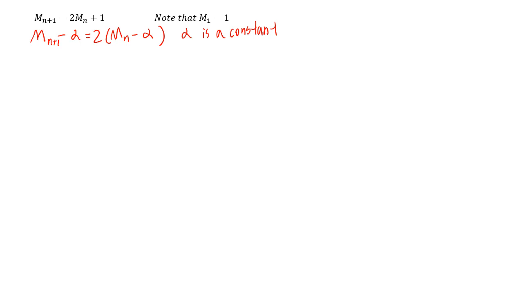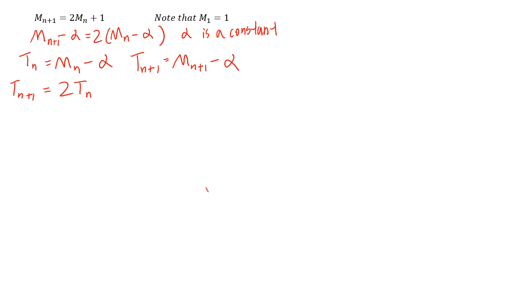This step may seem random, but now we can let Tn equal Mn minus alpha. Similarly, Tn plus 1 equals Mn plus 1 minus alpha. Substituting into the original expression, we get Tn plus 1 equals 2Tn.